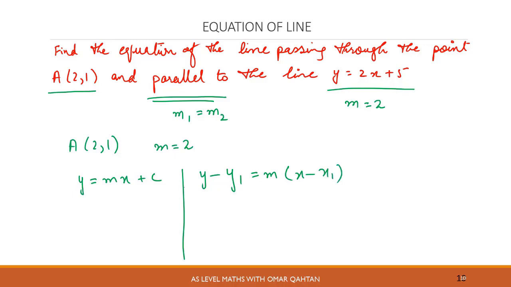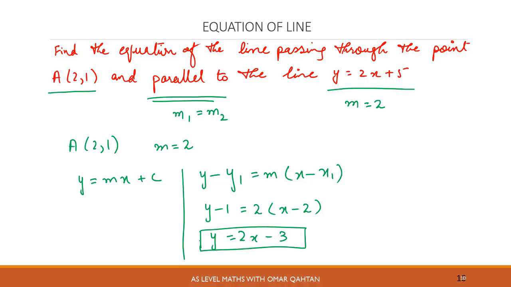So just substitute all the values in it. So y minus 1 equals 2(x minus 2). Then this equation will become y equals 2x minus 3 upon simplification. That's the key to this question.